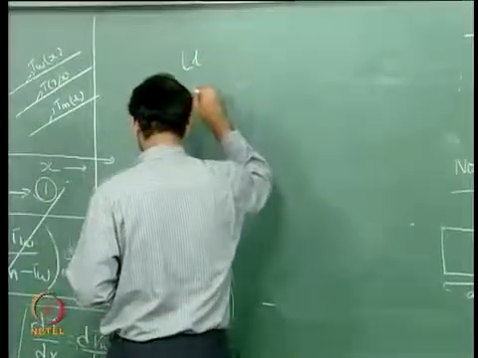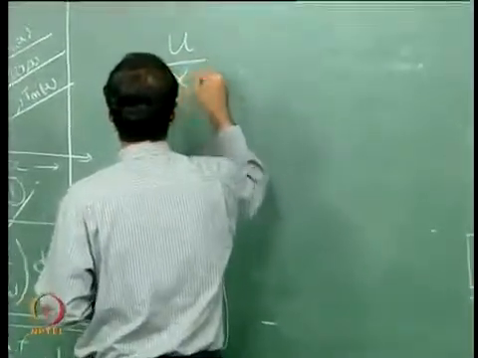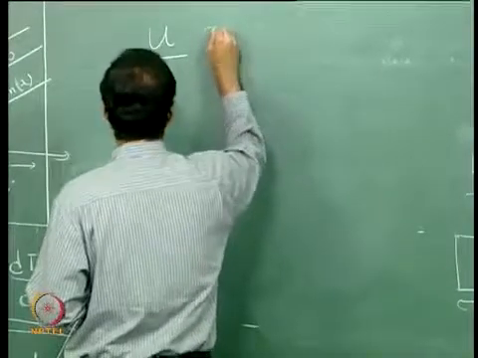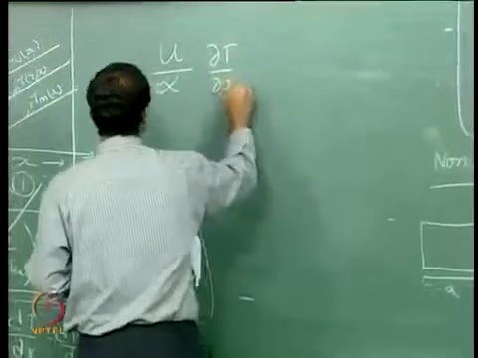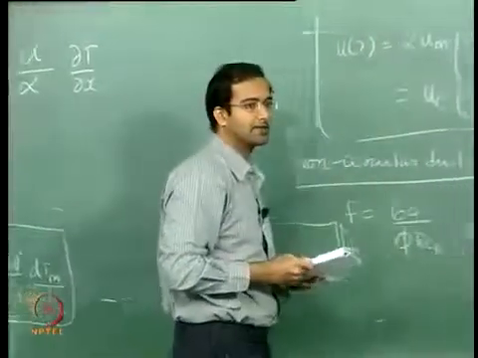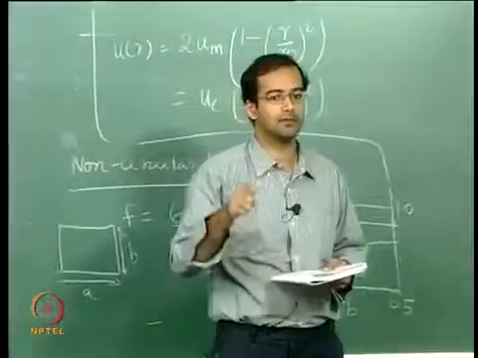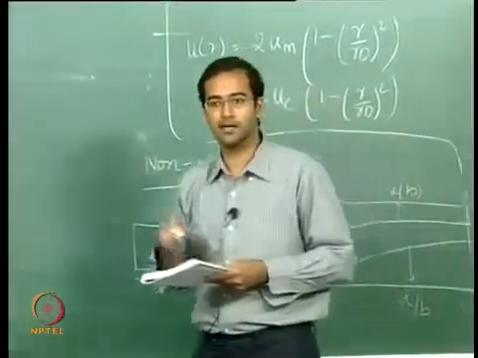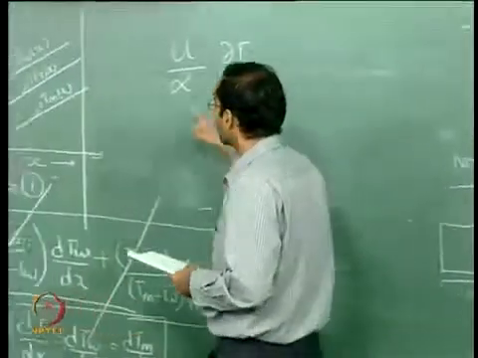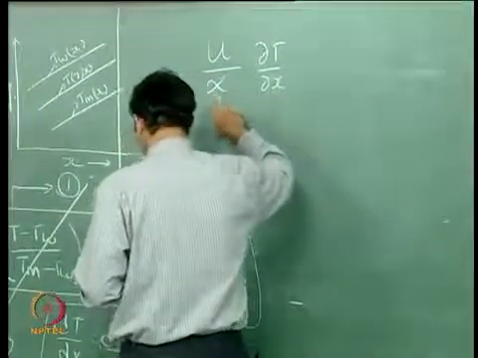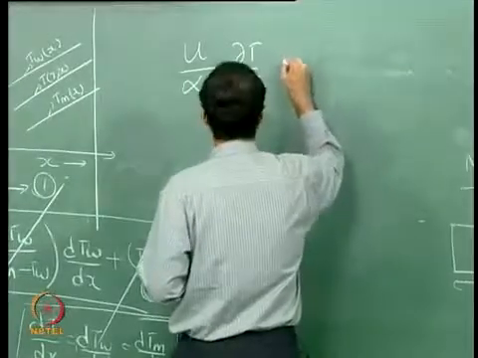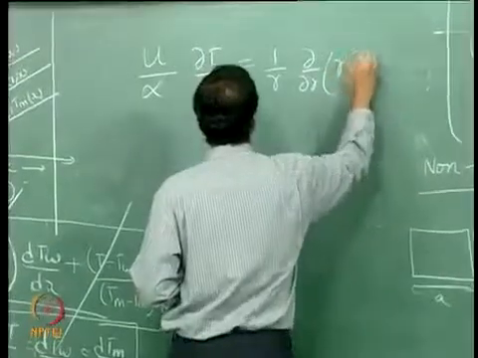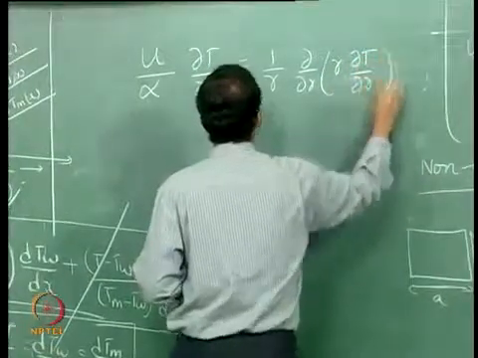Oh, there is one more thing, I forgot rho Cp on the left hand side of the convective terms. When you wrote the energy equation, there should be rho Cp, and on the right hand side you have k, so I am taking rho Cp by k, which is 1 by alpha: u dT by dx should be equal to 1 by r d by dr (r dT by dr).